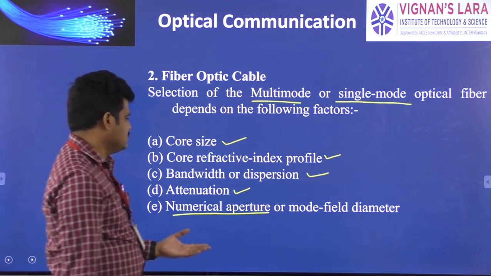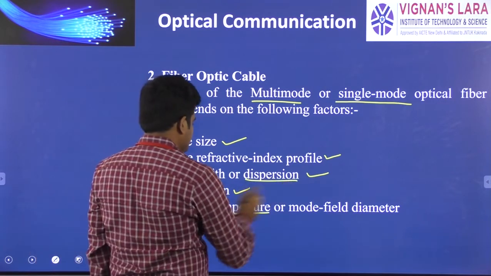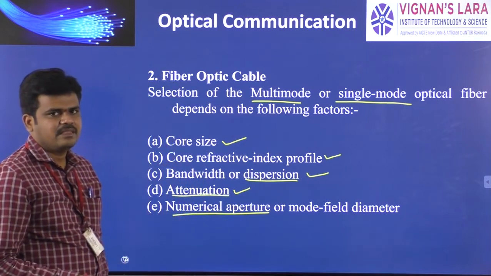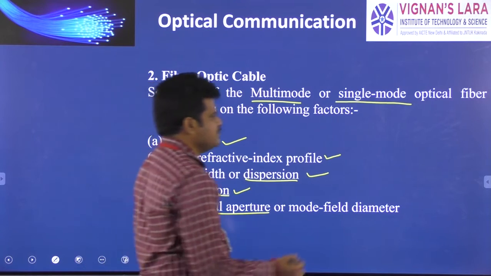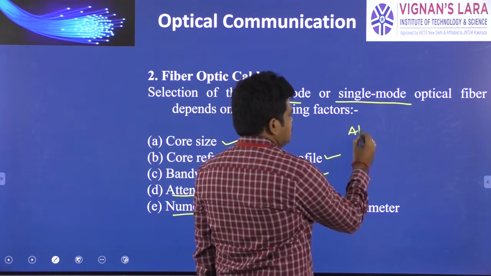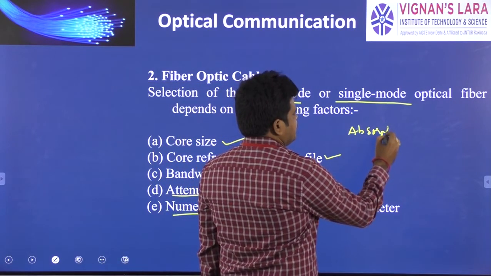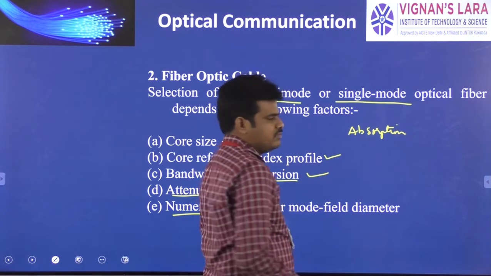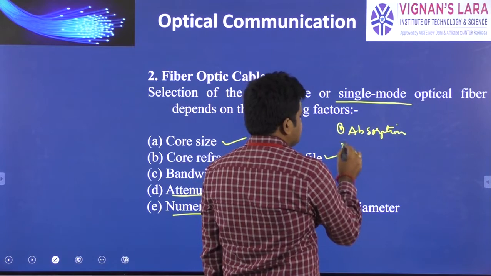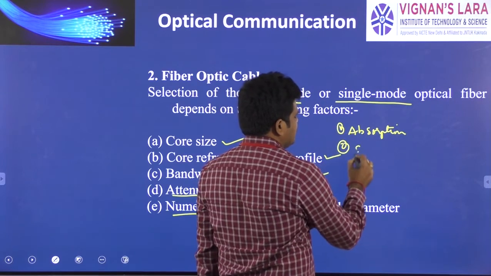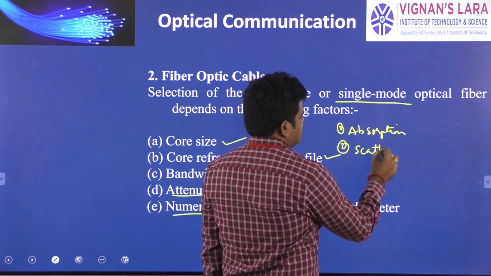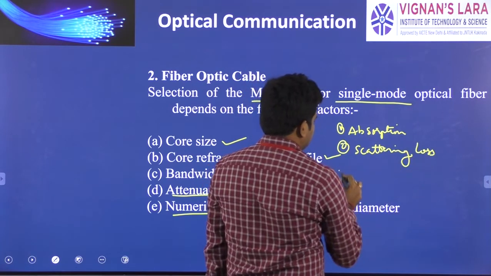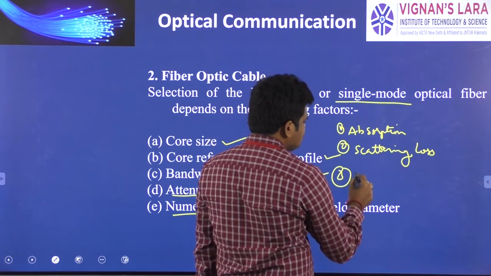Of course, the dispersion and the attenuation also depend on a few more parameters. For example, absorption. In the previous classes we have discussed absorption. The second one is scattering loss. The next one is bending loss.